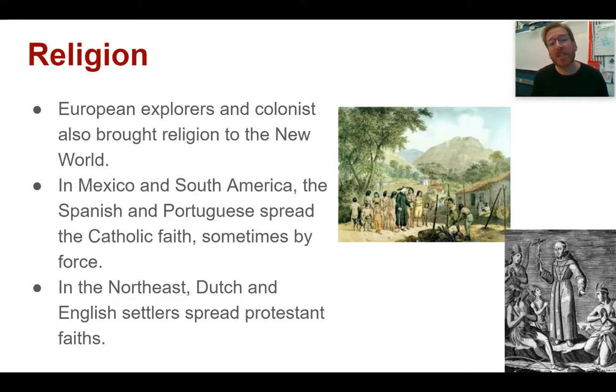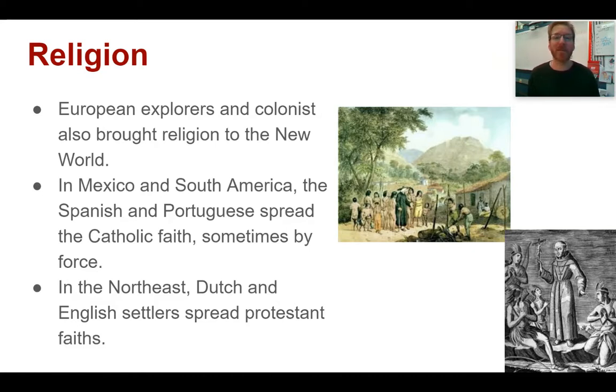The spread of religion is another thing that happens during this period of exchange. European explorers and colonists also bring their religion to them in Mexico and South America. The Spanish and Portuguese are going to spread the Catholic faith. They set up missions. They try to convert the Native Americans. Sometimes they do this forcefully.